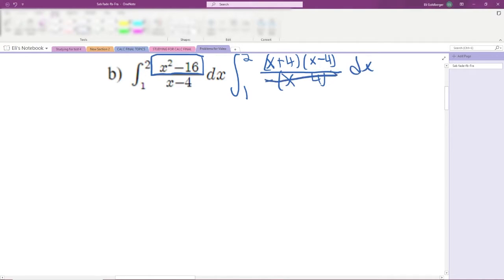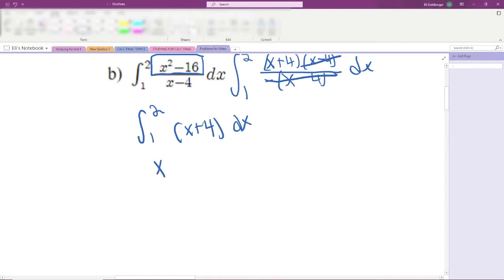And these will cancel out, the x minus 4s. So then we're left with the integral from 1 to 2 of just x plus 4. So now this is pretty easy to solve.